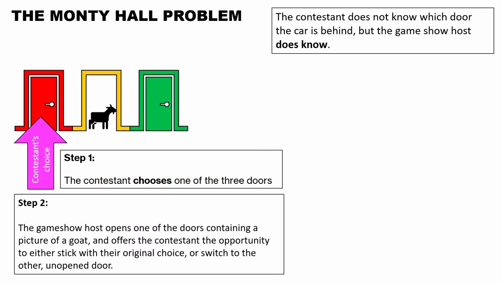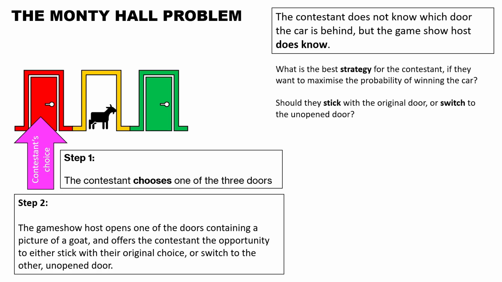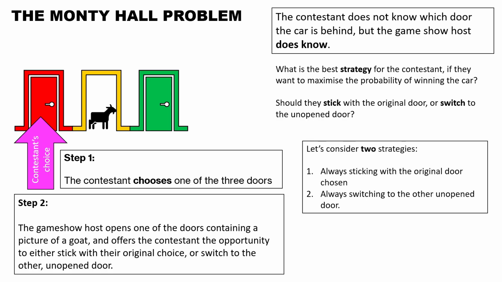Now the question is, what would be an optimal strategy for the contestant, and for different strategies, what would be the probability of winning the sports car? So in this case, should the contestant stick with their original door, or should they switch to the unopened door? Now we're going to try and analyse 2 possible strategies.